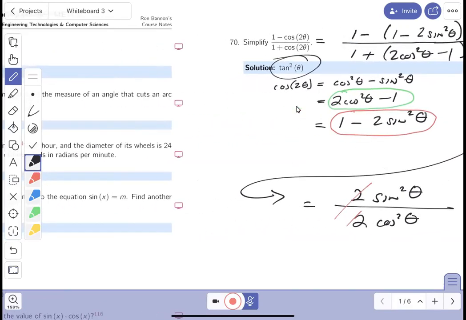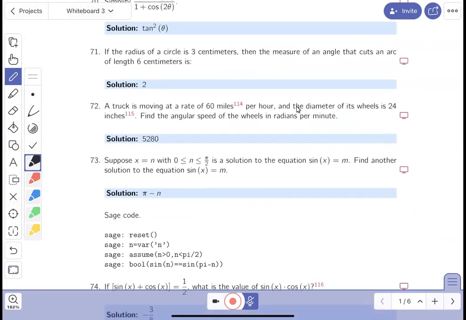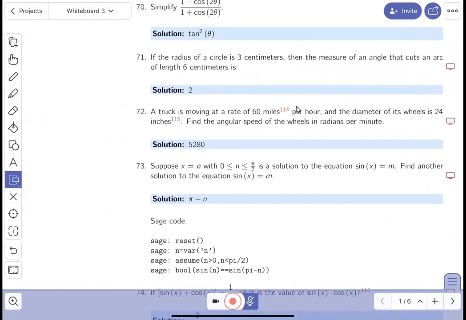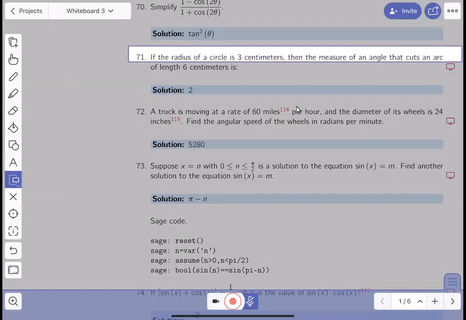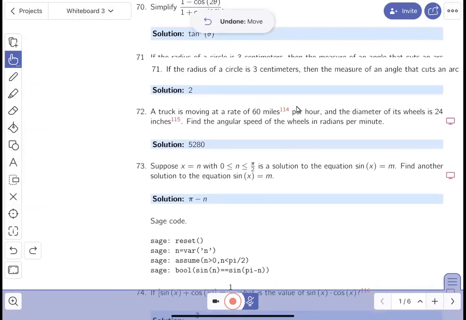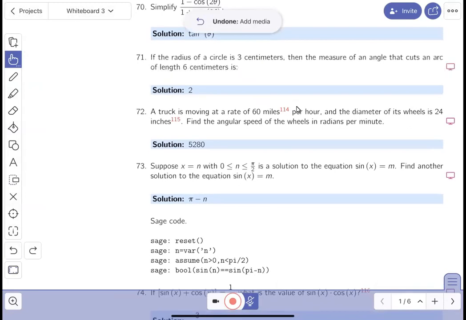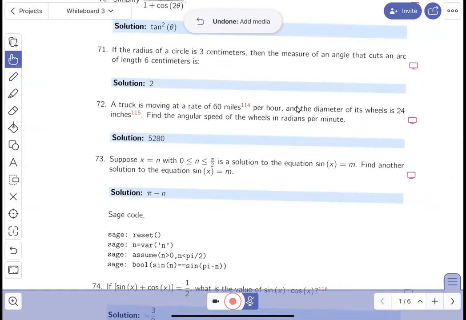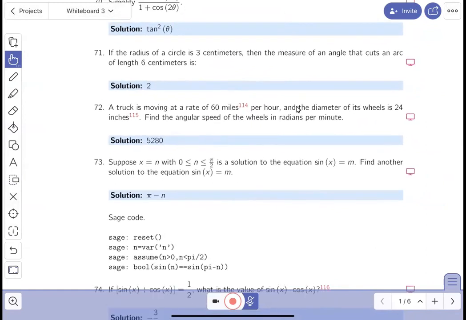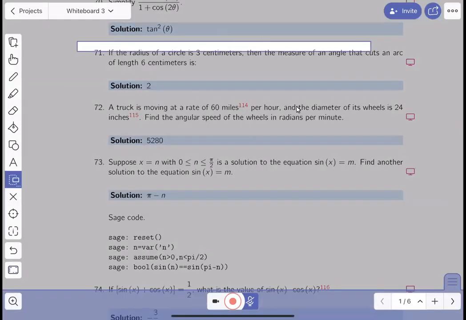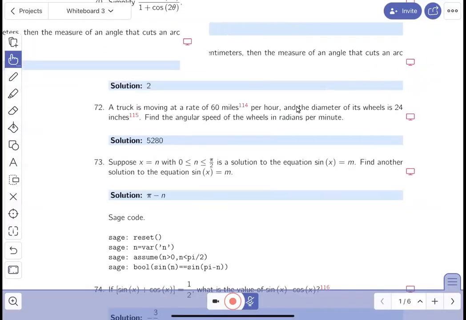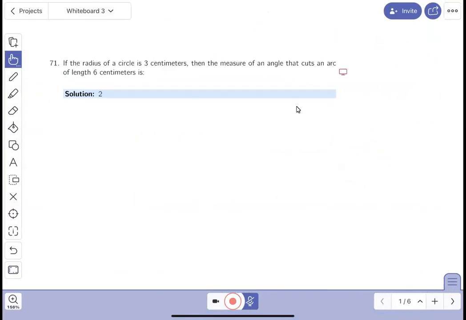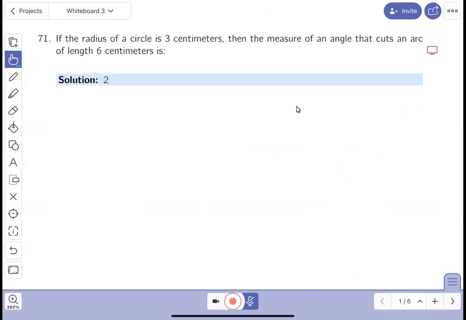Okay, let's go to number 71 now. Pull it on the side for you. I messed with it. My pen's a little bit jumpy today. All right.